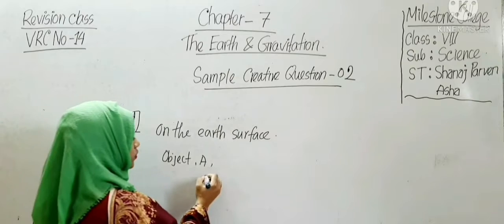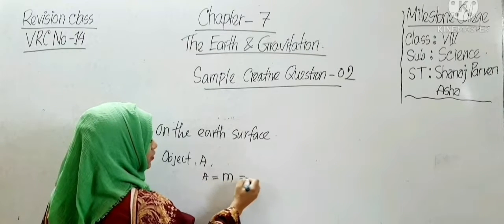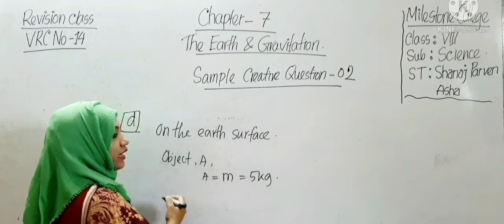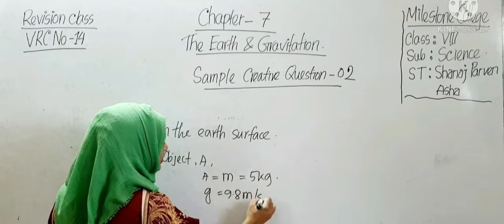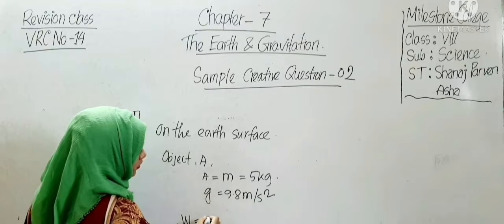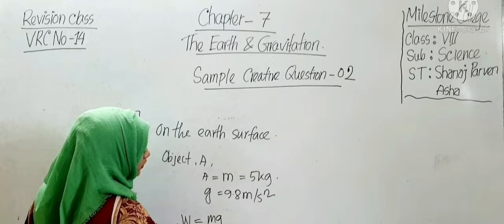Object A, mass equals 5 kg, and the value of g is 9.8 meter per second square. So here W equals mg, 5 into 9.8 Newton.